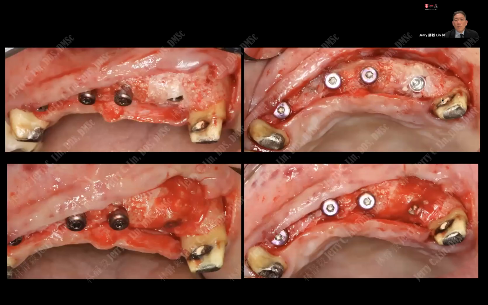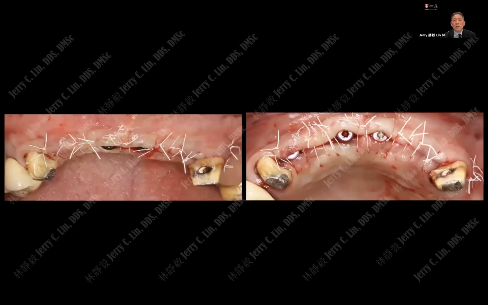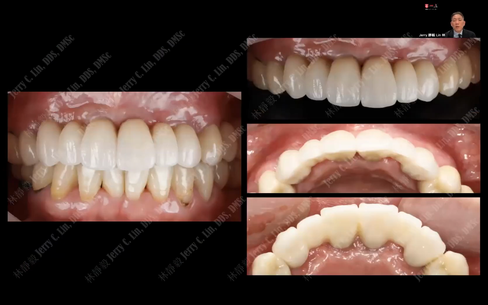So I was able to place the implant here with very good bone on the buccal, and did an uncovering procedure for the transitional stage. We were supposed to do the connective tissue graft for this particular case, but the patient didn't want it at that time, so we didn't do it, and we'll skip that part.